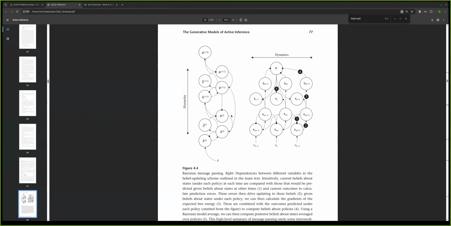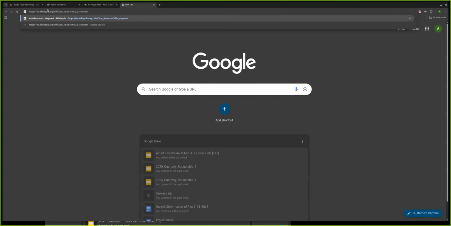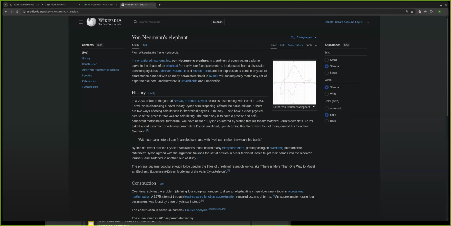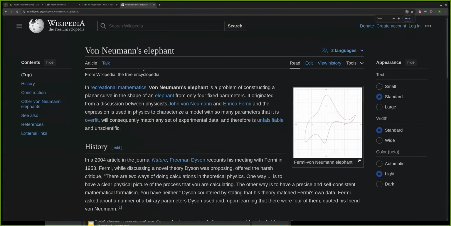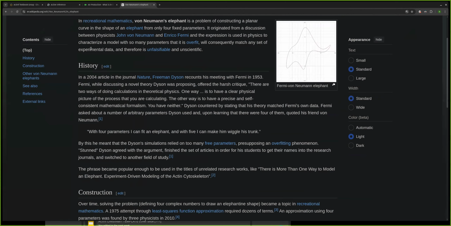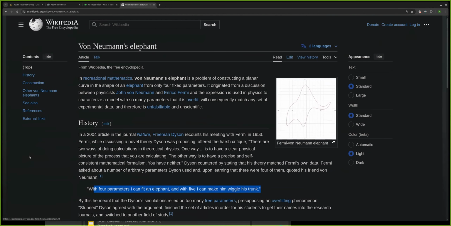But the advantage is it's predictive and flexible enough to bring together different models into one system. Yeah, this is one funny math quote to that point: with 4 parameters, I can fit an elephant, and with 5, I can make him wiggle his trunk.